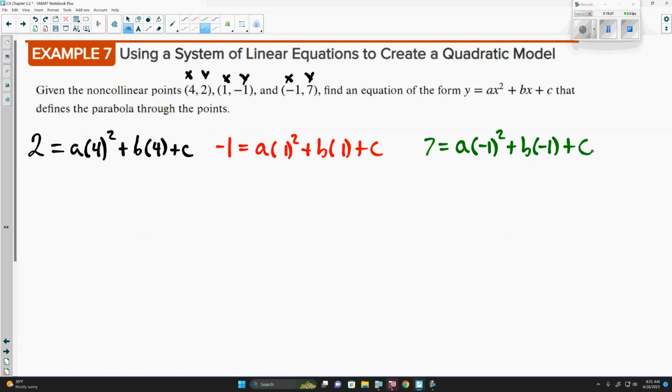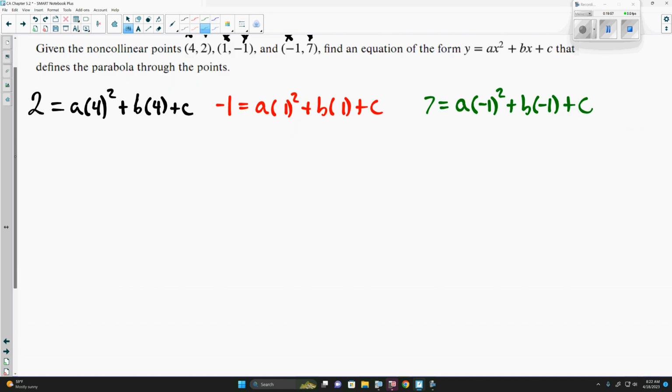Now there is one of these on the homework. And the point I would suggest, okay, we'll simplify this first, and then I will talk about that here in a minute. Now, when I say simplify, well, we do have our number squared in front next to a. So for the first one here, we have 2 is equal to, well, 4 squared is 16a.